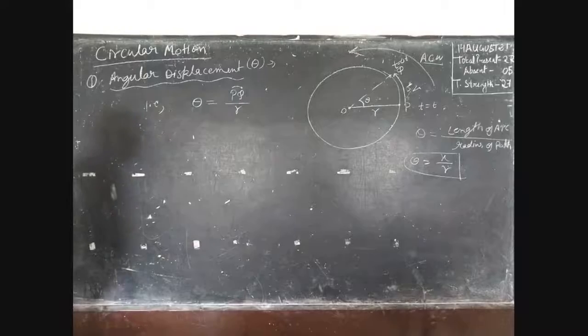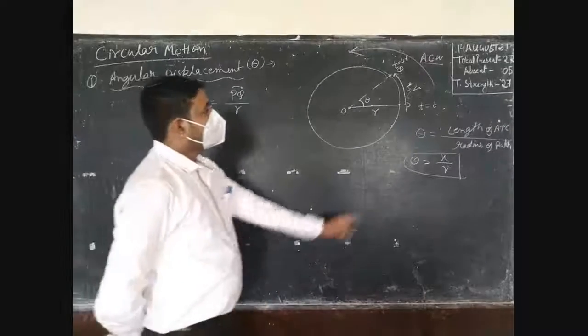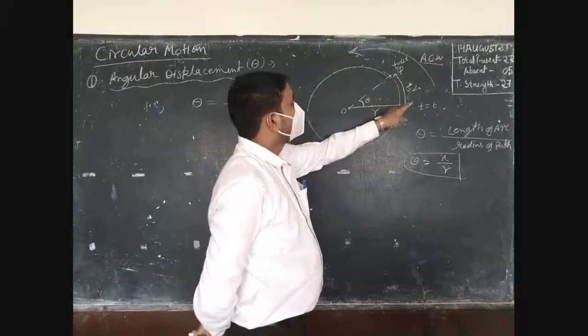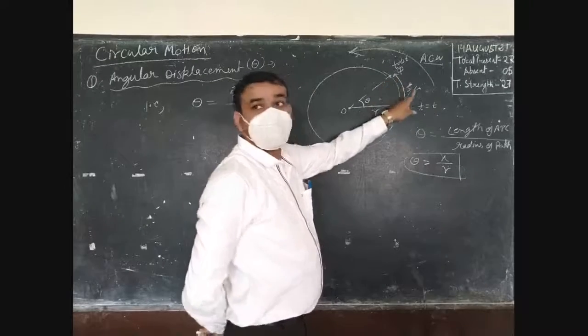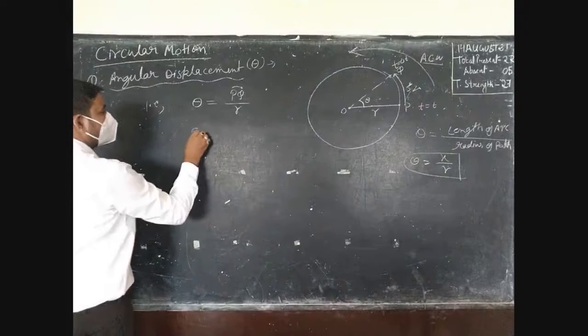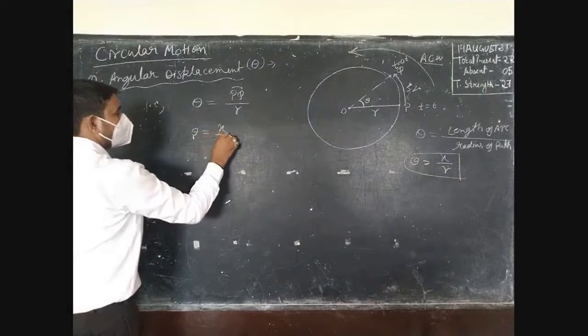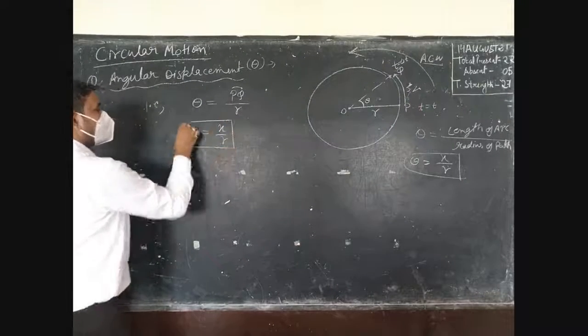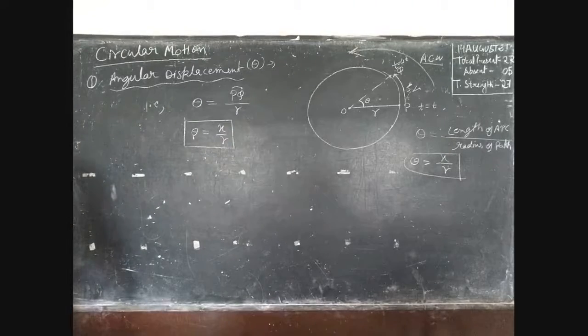Now, if we use this path from P to Q in linear form x, then we can write theta is equal to x upon r. This is the angular displacement.